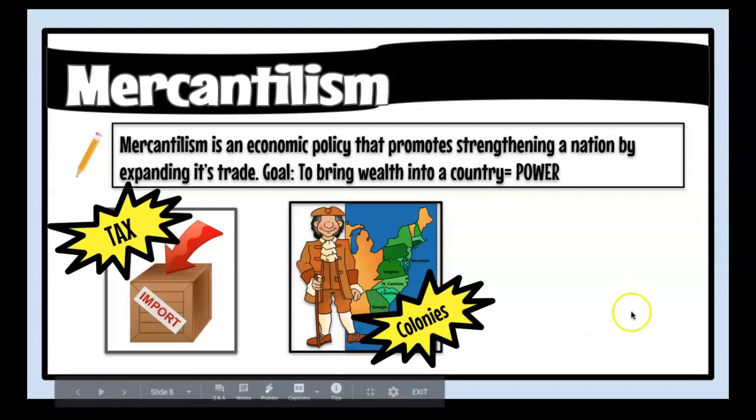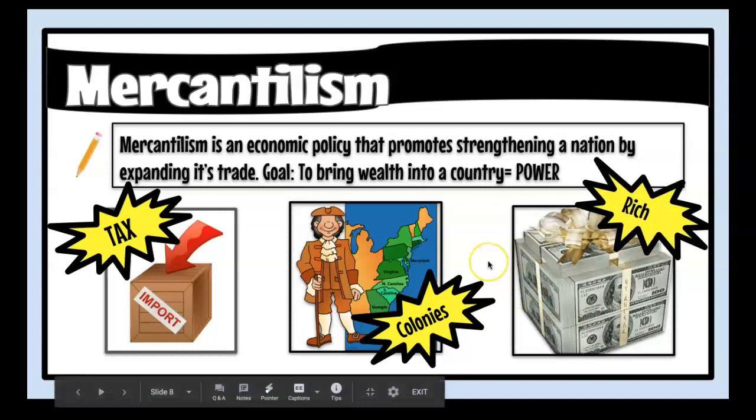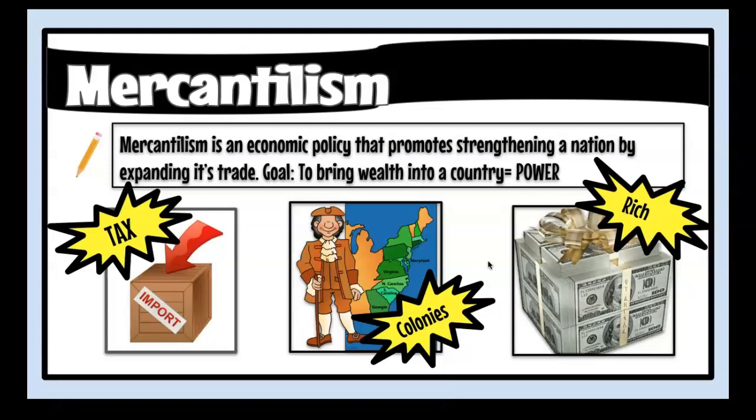So colonies were a way to strengthen the power that you had. The more money you had, the more powerful you were. So these were some economic policies that they started to put in place after the Columbian Exchange.